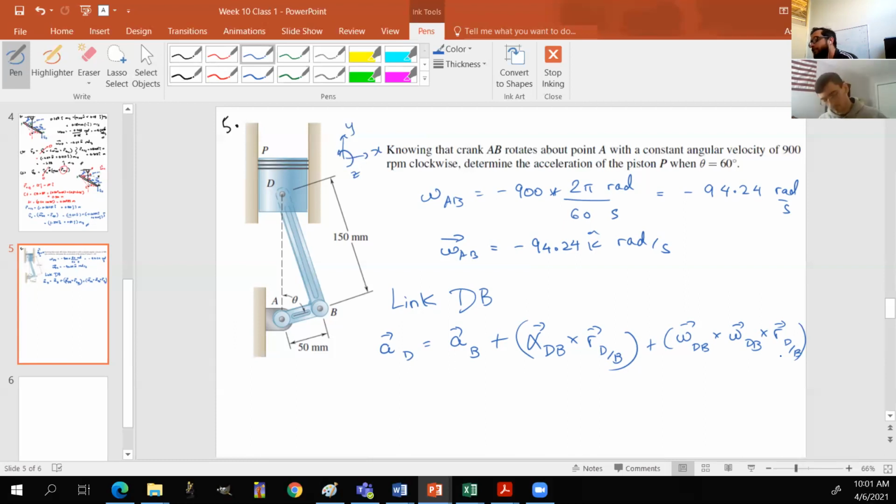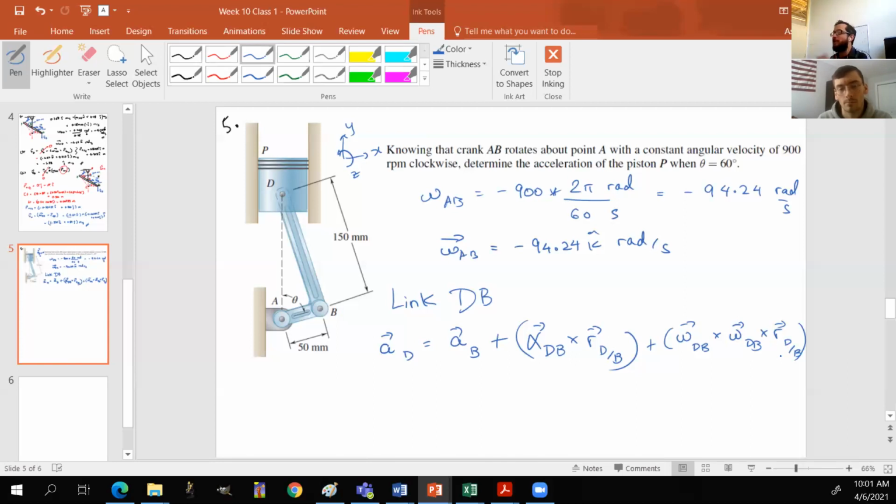And how many equations is this? One vector expression? Sorry, what was that? How many equations do you get from here? You get 2 because it's in 2D.